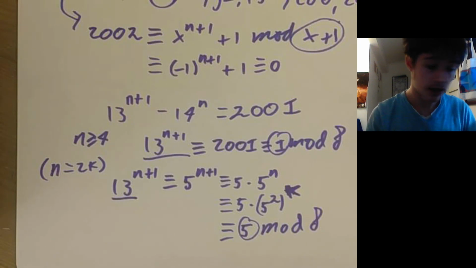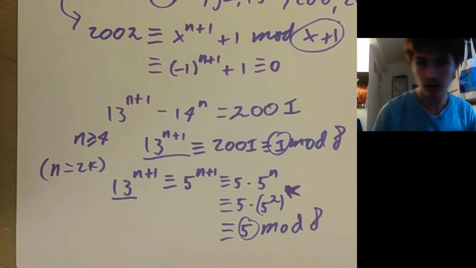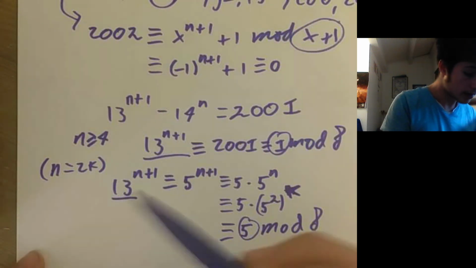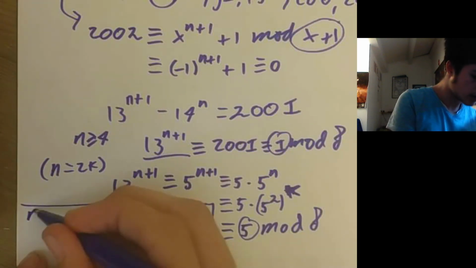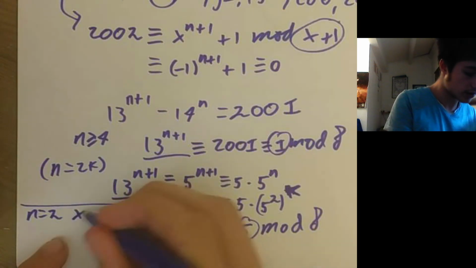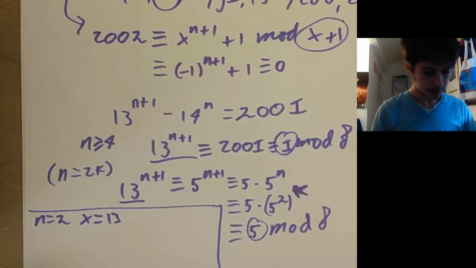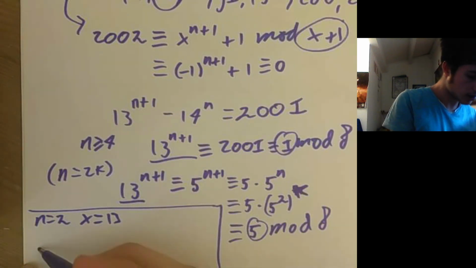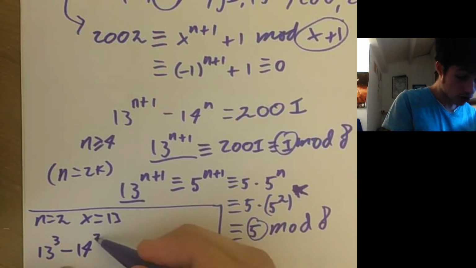Well, if n can't be greater than or equal to 4, there's only one option, because n is even and n is a positive integer. The only case we're left with is going to be n equals 2. But we also already knew that x was equal to 13. So we want to check what is 13 to the third power minus 14 squared.